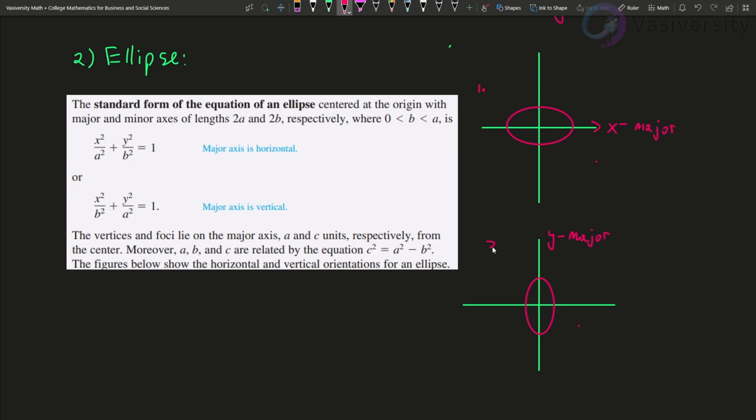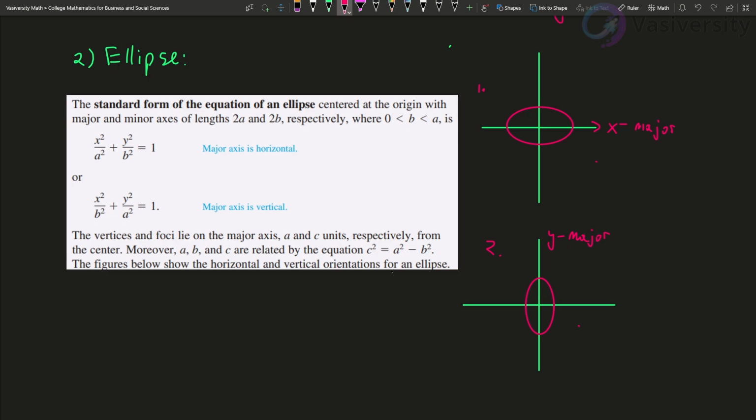And in the second case, we have y major, x is going to be the minor. So the vertices and foci, which we're going to learn right now, lie on the major axis, a and c units, respectively, from the center. And that's going to be the relation of c related to the coefficients a and b, right?